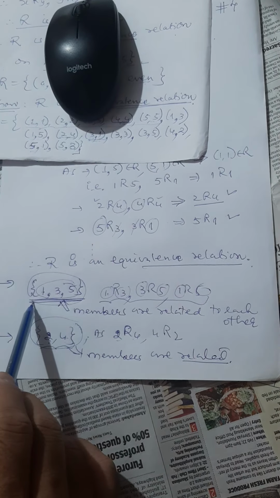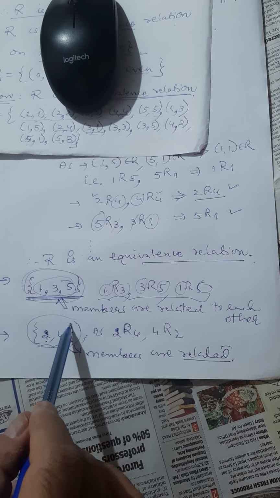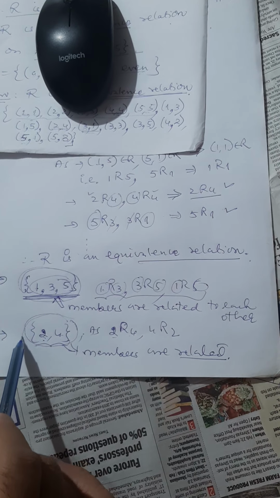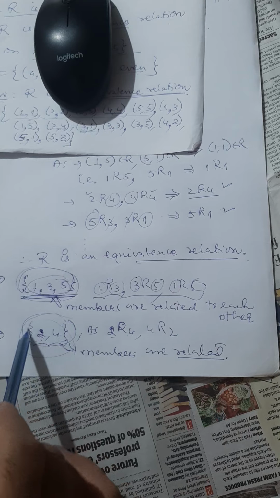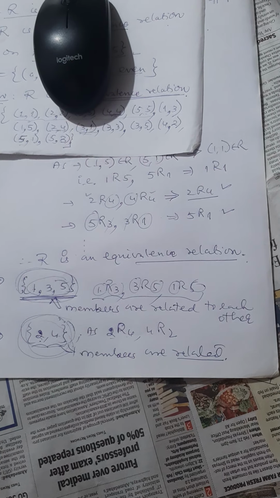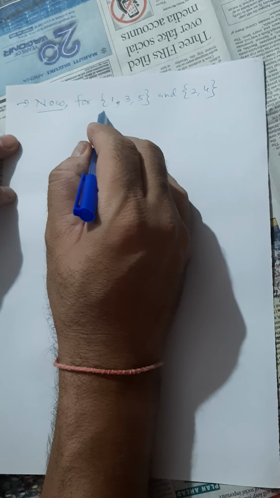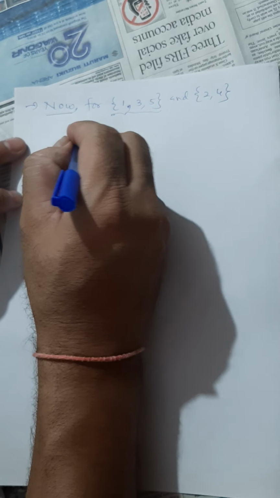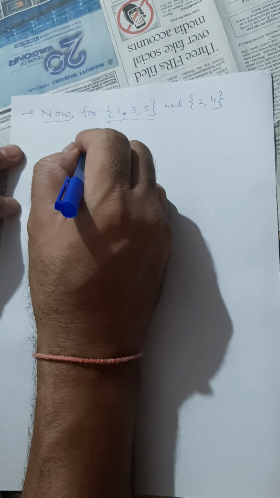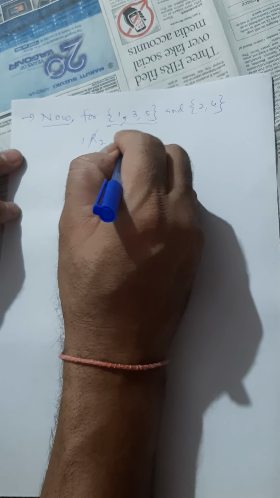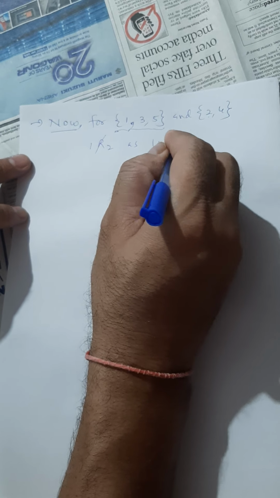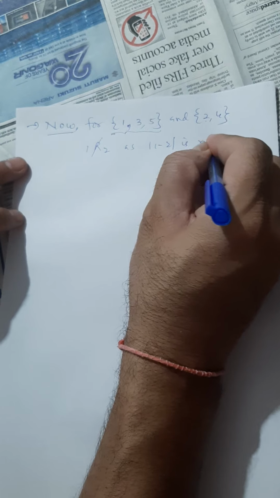So therefore no member of this is related to any member of the set {2, 4}. If I take one member from here, for example 1, and one from there, 1 is not related to 2. Why? Because 1 minus 2 is not even.